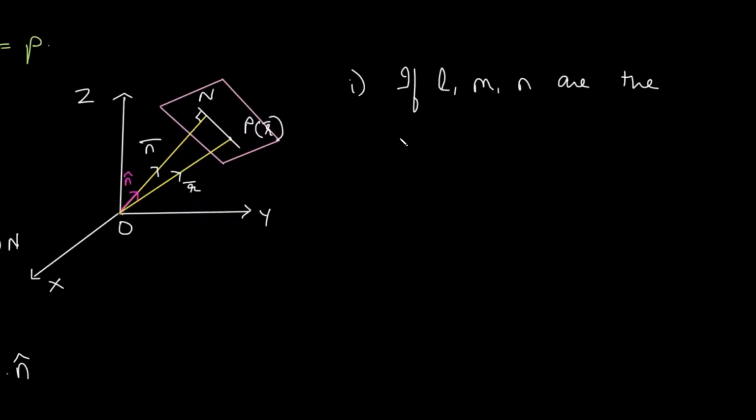Any vector or any line will have direction cosines, remember that. So l, m, n are the direction cosines of the normal, in this case ON.